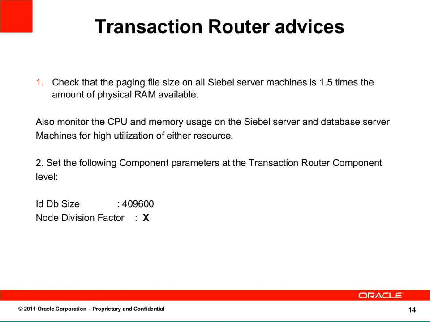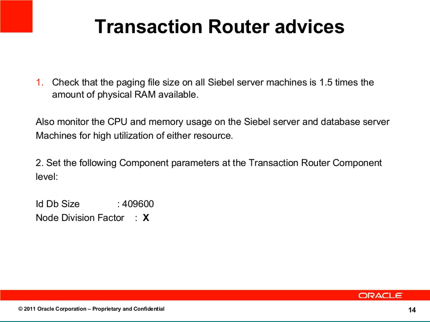The second tip here on the transaction router is to change the transaction router component parameter IDDB size. The recommended value is 409,600, the maximum value. It's enough for most Siebel remote environments. I think 99% of environments should run with this IDDB size.